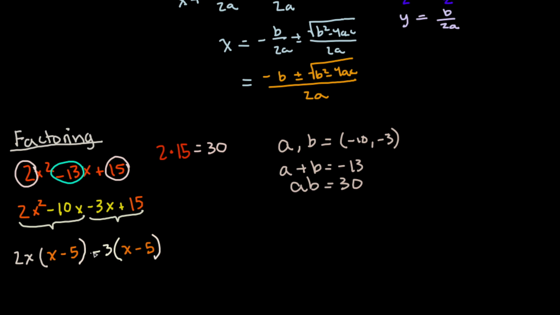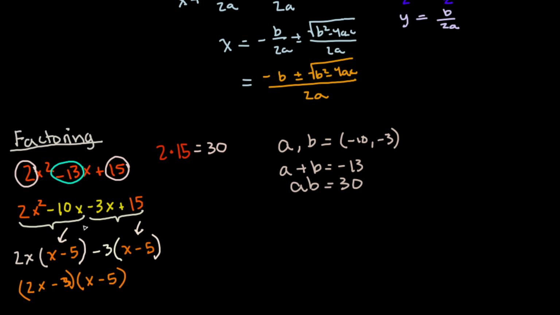And now, using the distributive property, we notice that this term is the same as this term. So we can actually undistribute this in a different way, and that'll be 2x minus 3 times x minus 5.